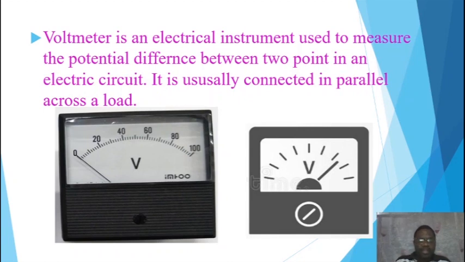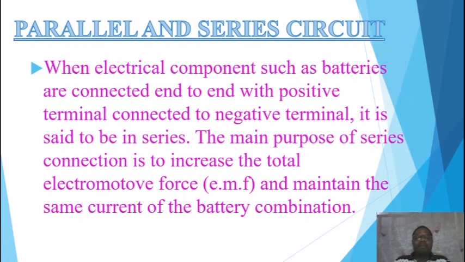So while the ammeter is connected in series, the voltmeter is connected in parallel. Okay, now let us look at parallel and series circuit. You know we say voltmeter is connected in parallel, ammeter is connected in series. So what is parallel and series?